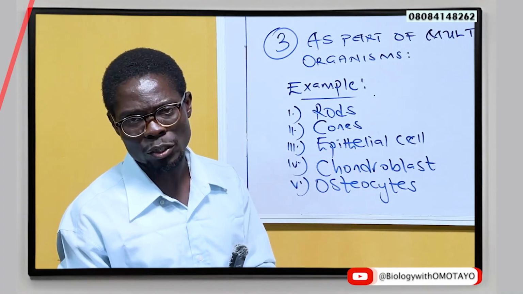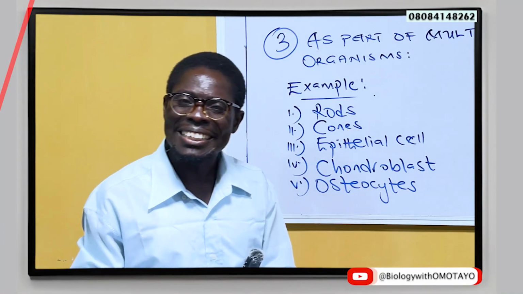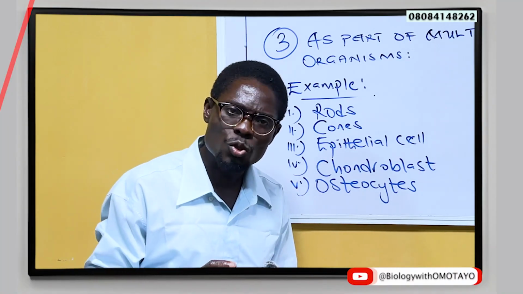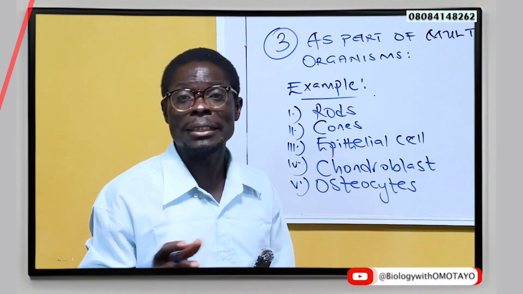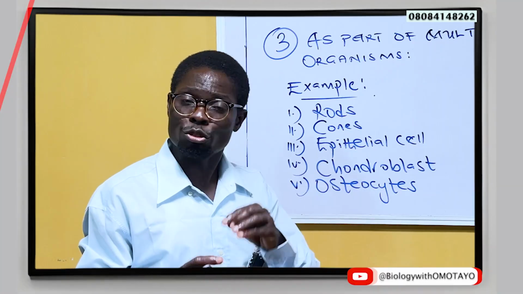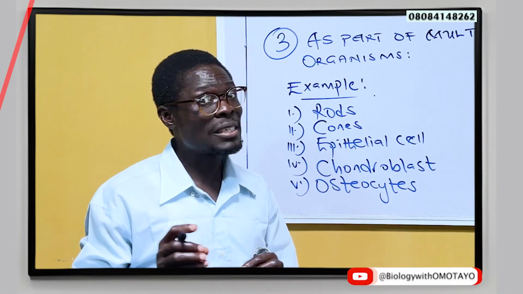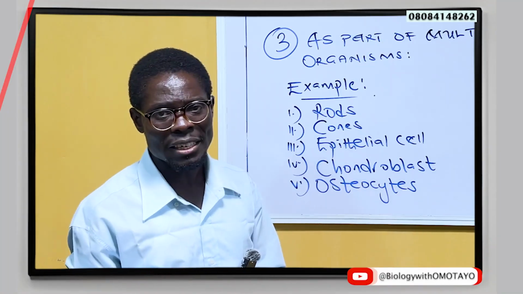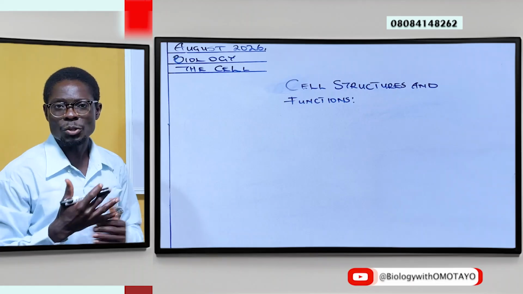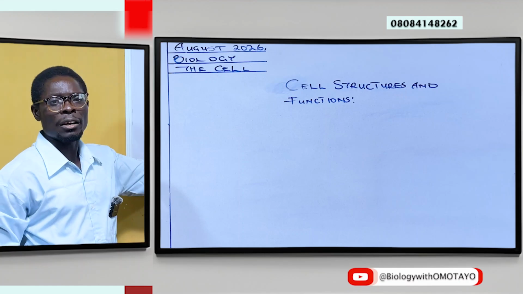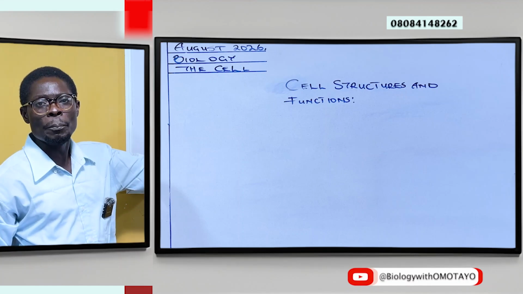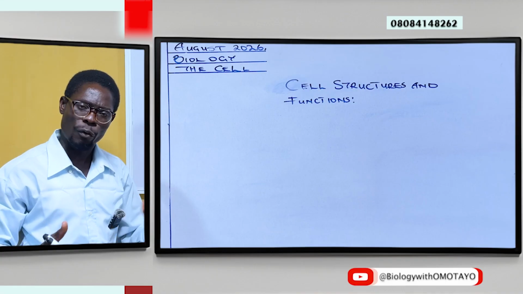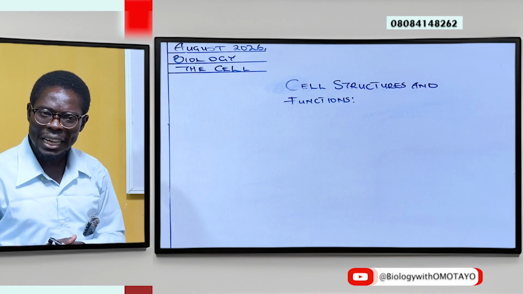Even though we know as students of biology that the kingdoms are 5 and are not limited just to Animalia and Plantae, looking at the structure of the cell, we'll be limiting ourselves to plant cell and animal cell. Come along with me. Now, as you can see, we are moving on to begin to examine cell structures and function.